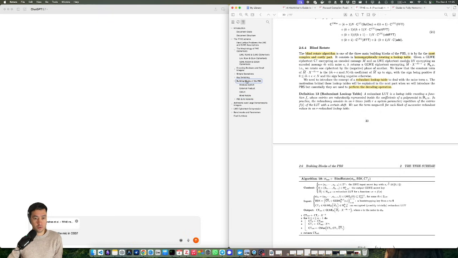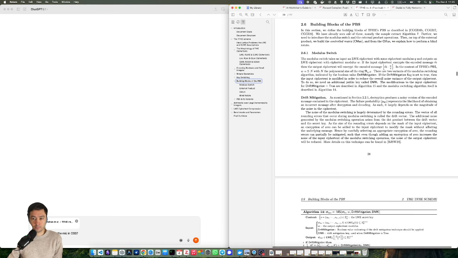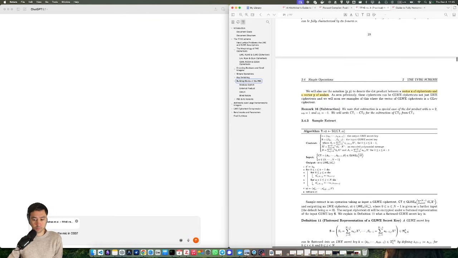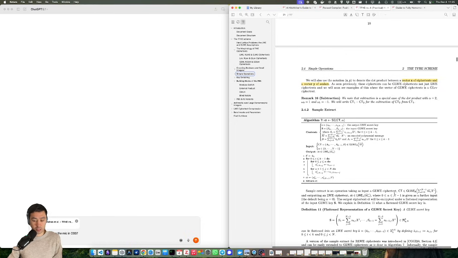So this is 2.6.4. So we introduced PBS before in 2.6, right? Wait, we saw the sample extract. We ignored it. I don't know why we ignored it. I thought it was related to subtraction, but it's not. Sample extract: an operation taking as input a GLWE ciphertext and outputting an LWE ciphertext. So that's interesting.